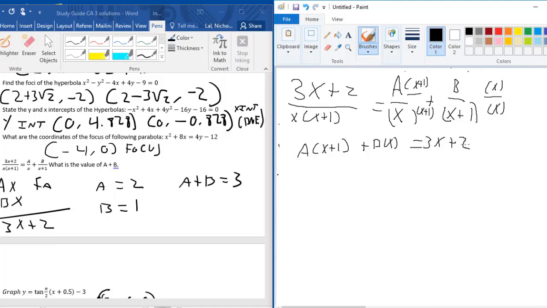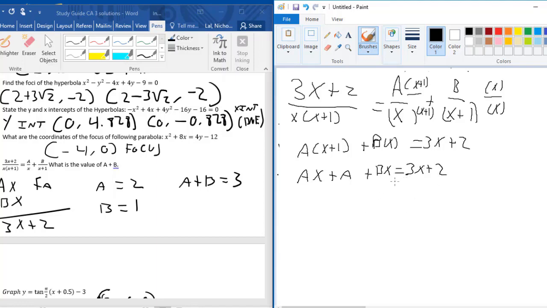So let's distribute the a and the b. We have ax plus a plus bx. Once you get a common denominator, you can cancel out the common denominator. So ax plus a plus bx is equal to 3x plus 2.